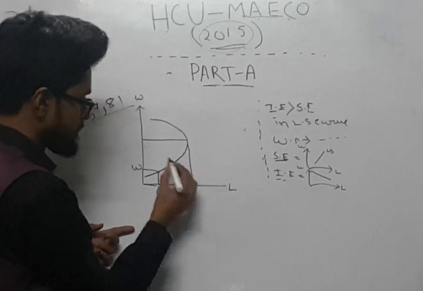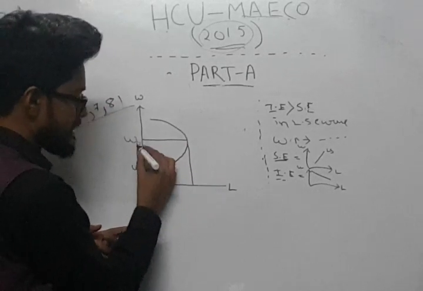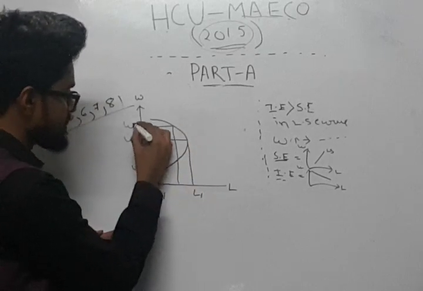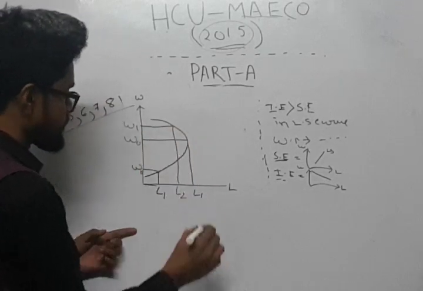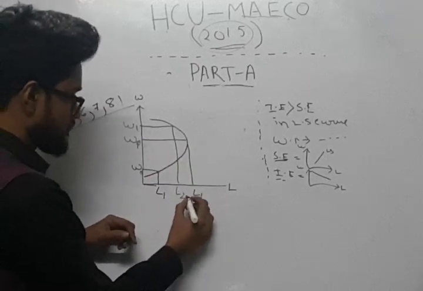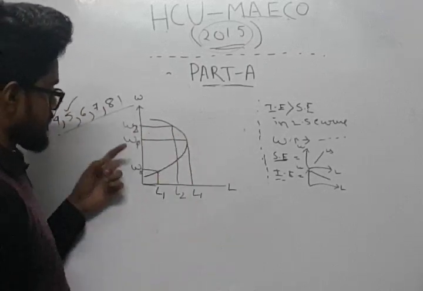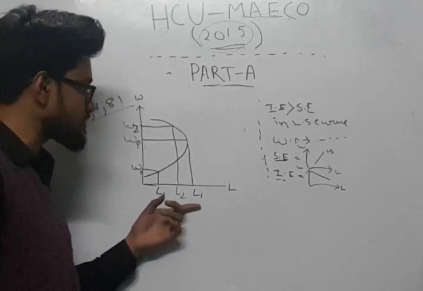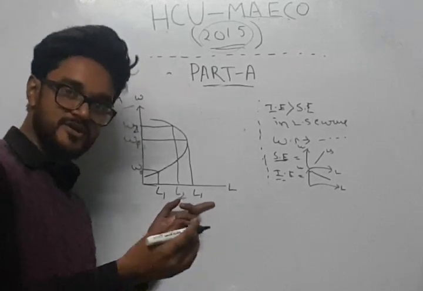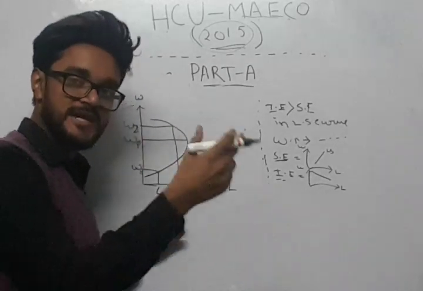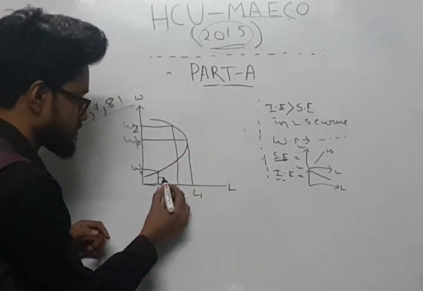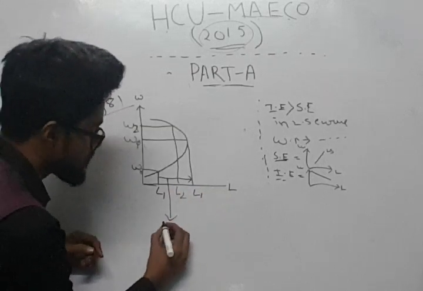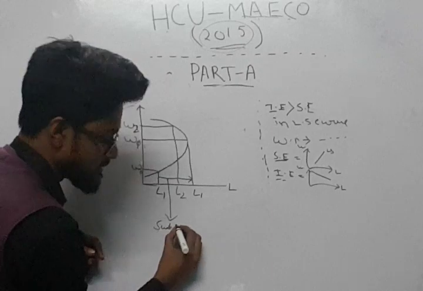After some point, when his wage increases, he does not increase his labor supply, rather he reduces it because he prefers leisure. This effect, as you see from here to here, we call it due to substitution effect.